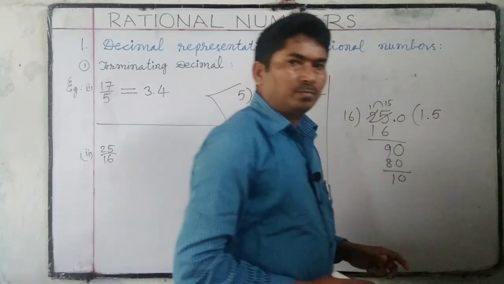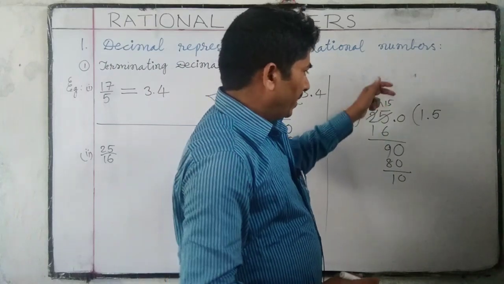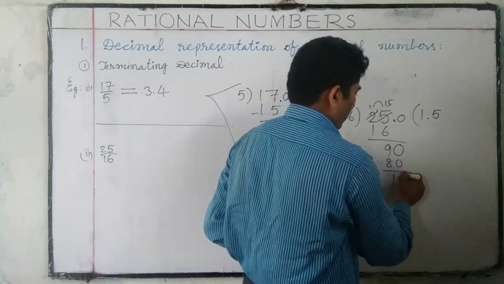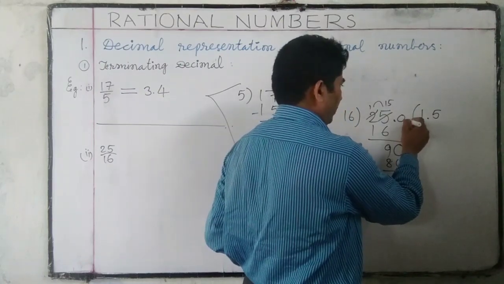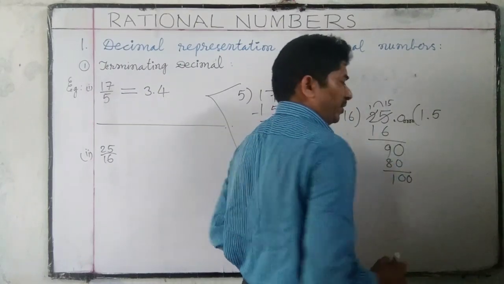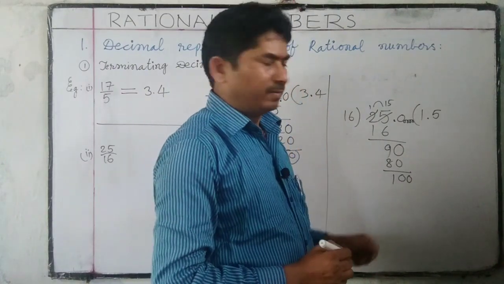We can bring down a 0 in the remainder every time. Here we have as many zeros as we need.